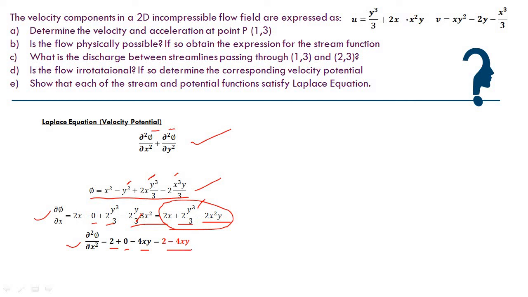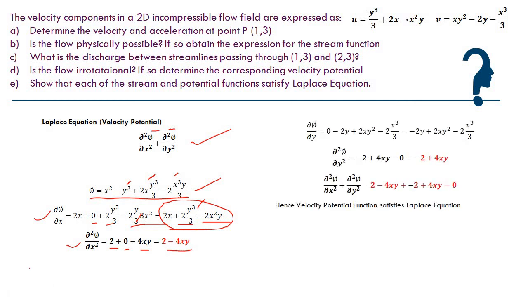So 2 minus 4xy is dou square phi by dou x square. Similarly, you can find dou square phi by dou y square also. Because dou phi by dou y you can find as minus 2y plus 2xy square minus 2x cube by 3. Differentiating once again with respect to y, you will be getting dou square phi by dou y square is minus 2 plus 4xy.